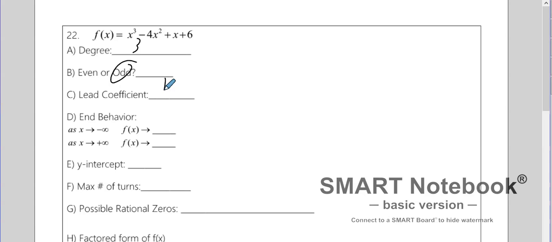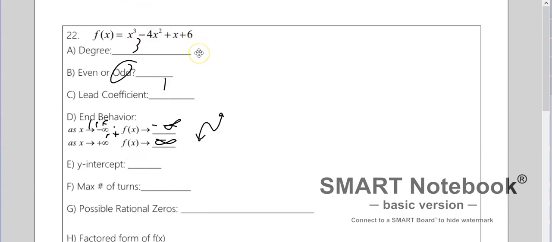I know it's going to be generally a positive cubic. So as I'm going left, I'm going down. And as I'm going right, it's going up. The y-intercept, I don't know. 2 things you can do here.